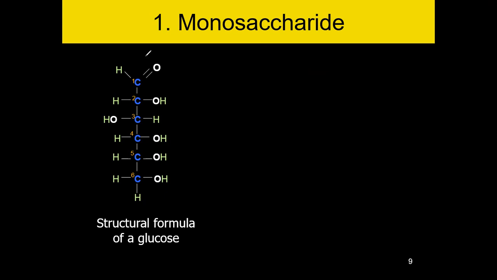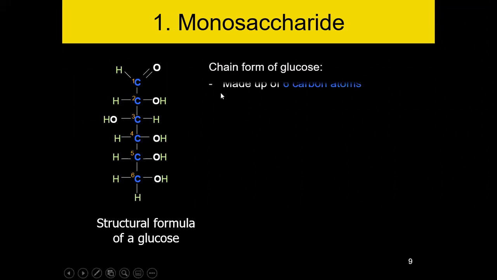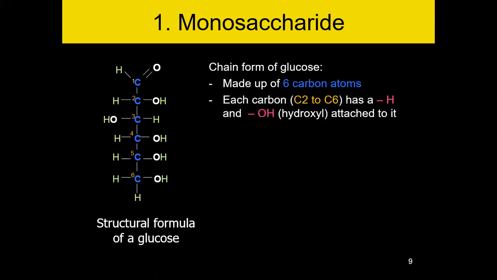So over here, what you can see is a structural formula of glucose. This is a chain form of glucose. Now it is made up of 6 carbon atoms.